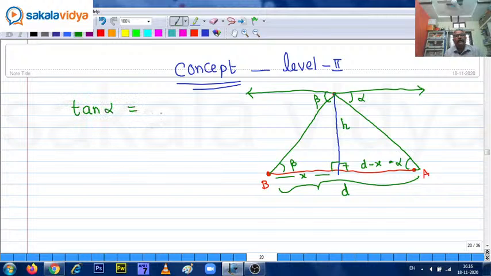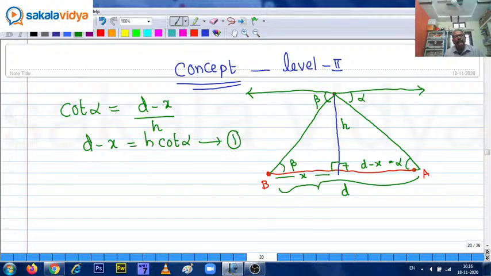Otherwise, better to write cot alpha in this one. Cot alpha is equal to d minus x upon h. So d minus x is equal to h cot alpha.